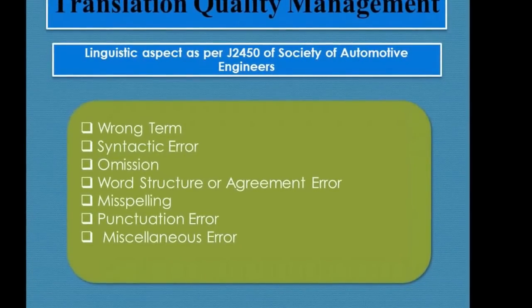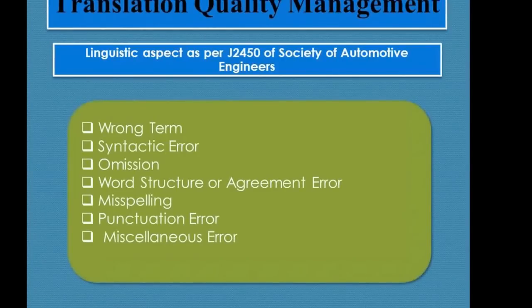So now, as I had talked to you about quality management and quality standards in translation before, in project management it is also very important to maintain both linguistic as well as non-linguistic aspects of quality management.